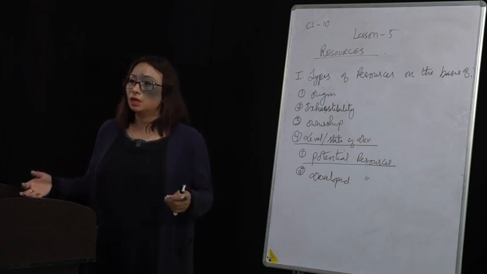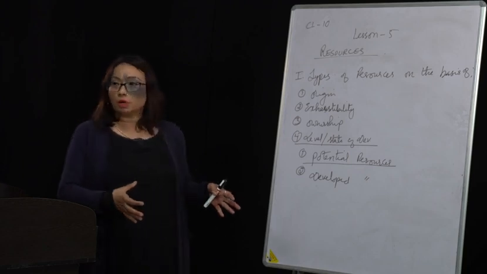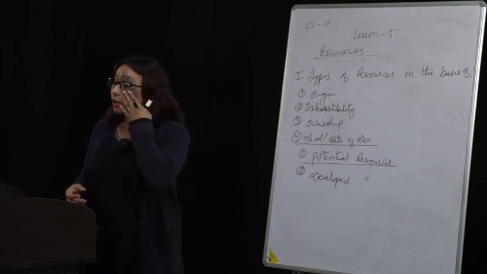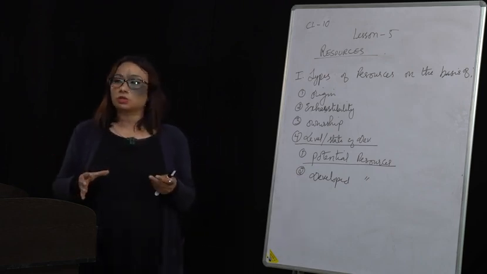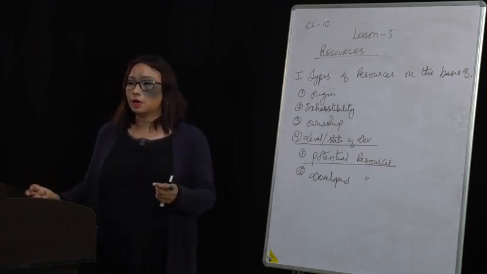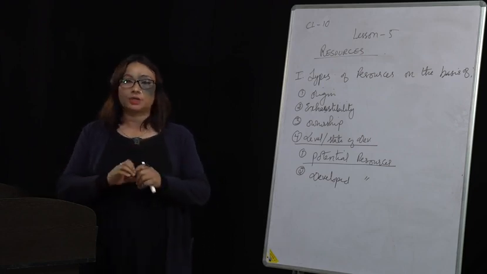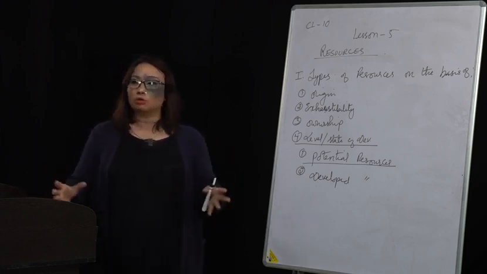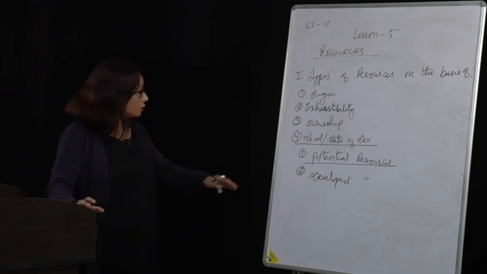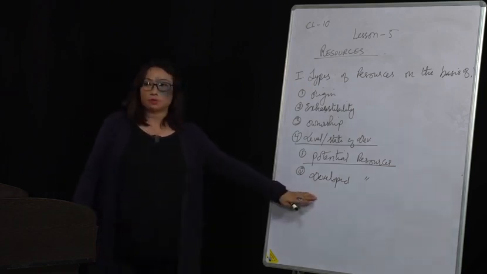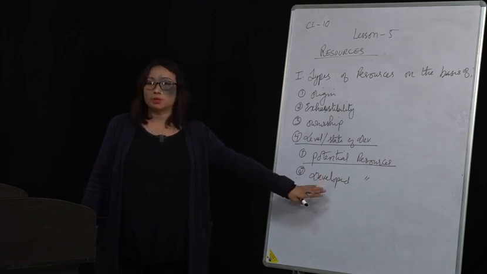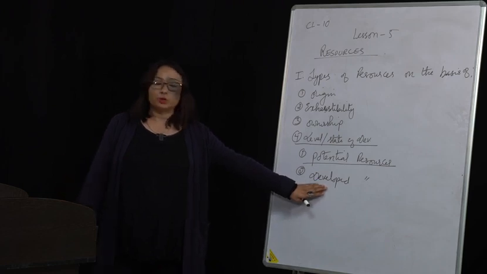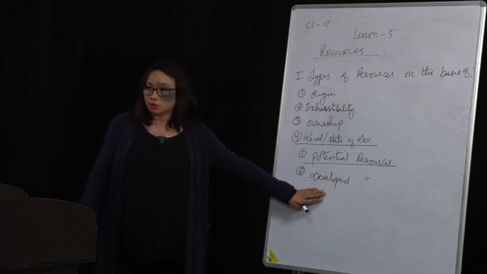Fully developed means it is known where these resources are, which part of the country, and how much of the resources there is. It has been surveyed, it has been assessed, its economic value has been calculated. So these are resources which have already been mapped, surveyed, assessed and valued. So these are developed resources.